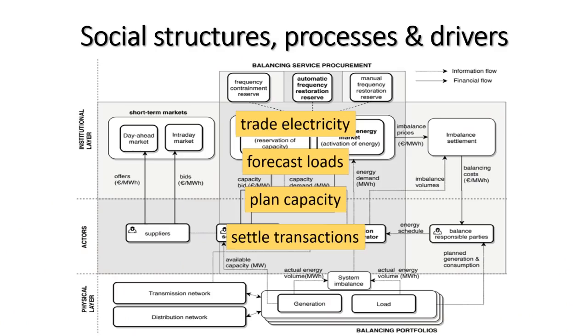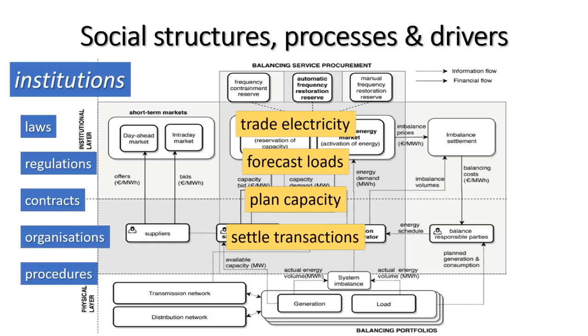These social processes of forecasting and planning, of trading and settling transactions, are shaped by social structures that we call institutions. Institutions are intangible, but laws, regulations, contracts, and organizations and procedures structure social processes as surely as dams, pipes, and turbines shape physical processes.